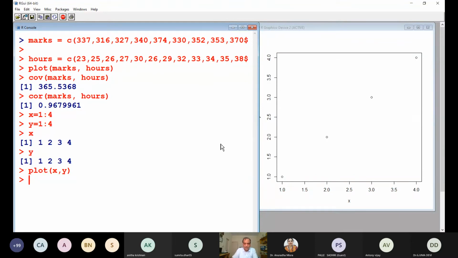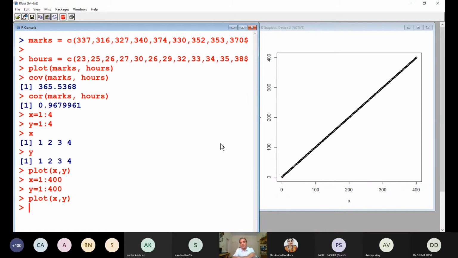I can take a larger number of points, for example 400, and y equal to x, and then plot x and y. See, this is the complete straight line.